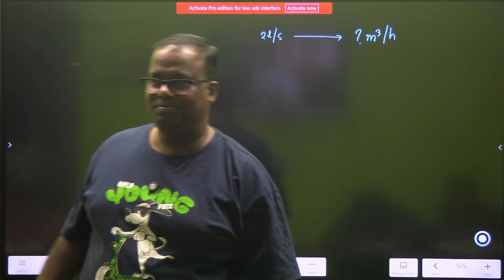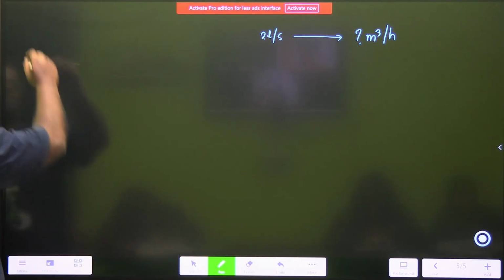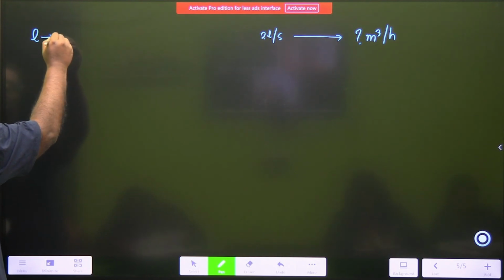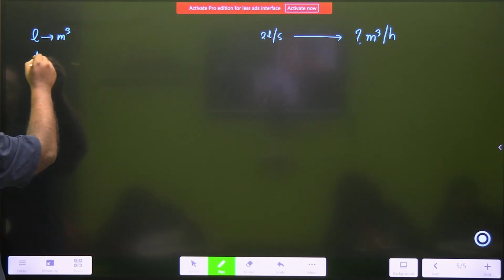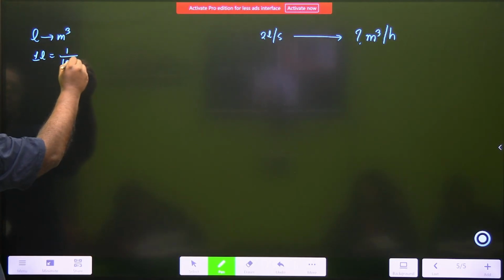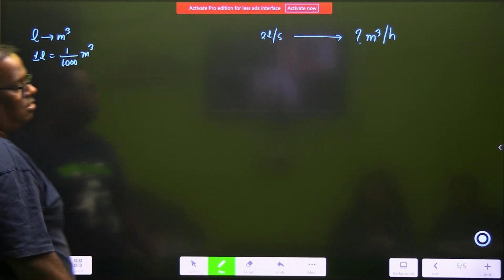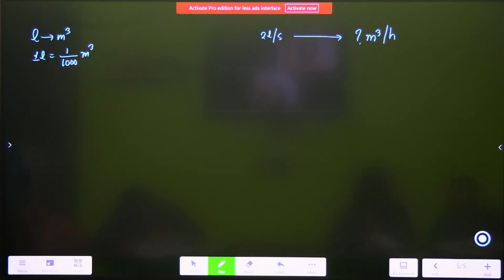Let's do this conversion step by step. The first thing is we have to get from liter to meter cube. One liter is 1 by 1000 meter cube. This is done.